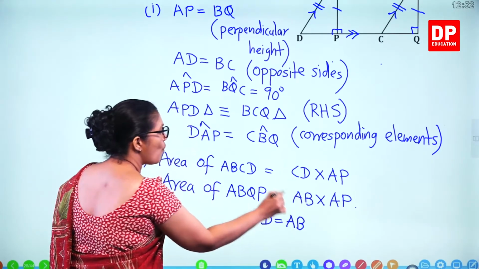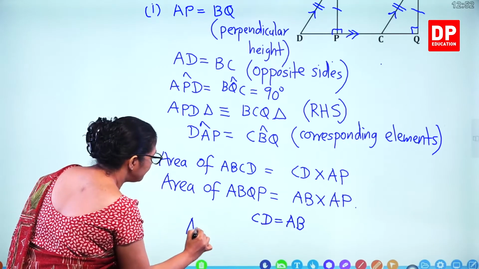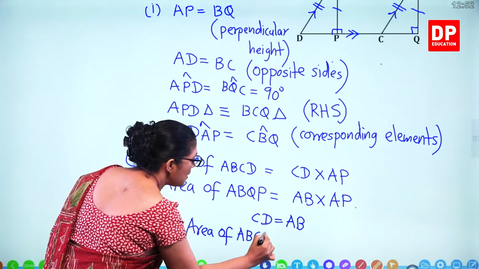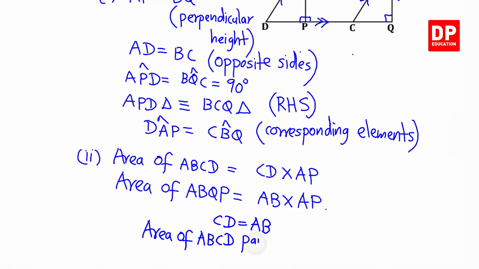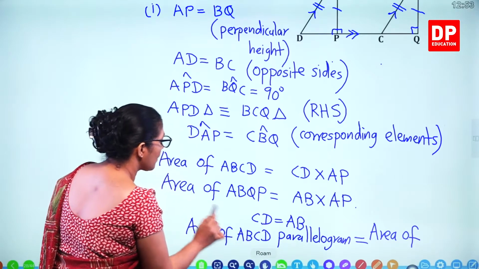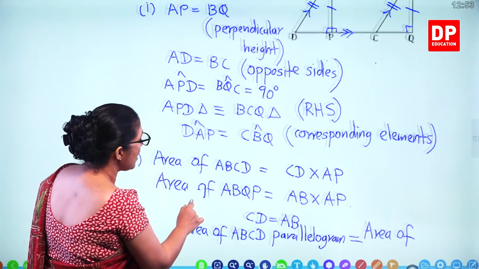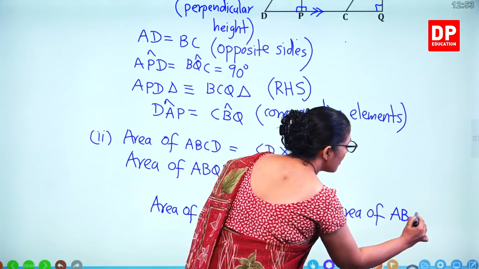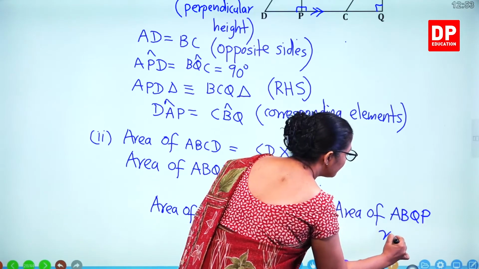So therefore, area of parallelogram ABCD is equal to area of rectangle ABQP.